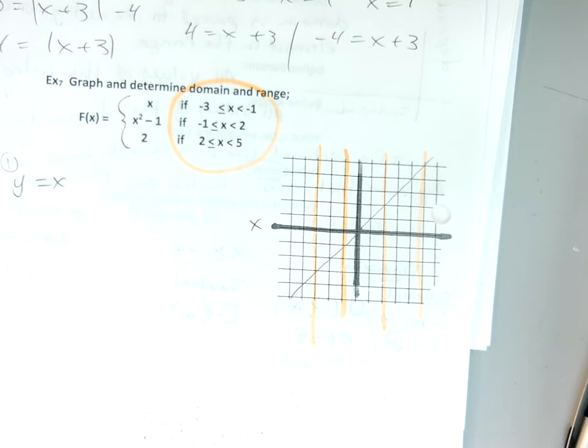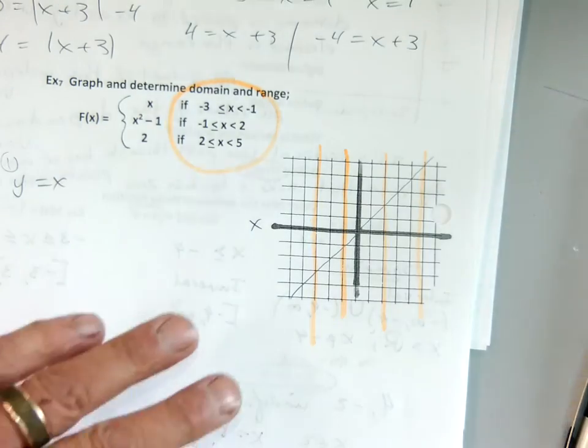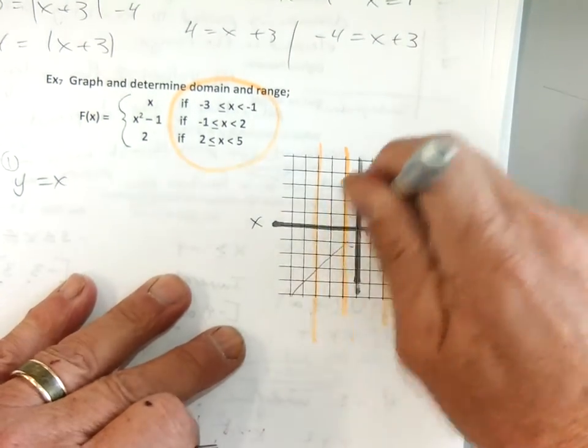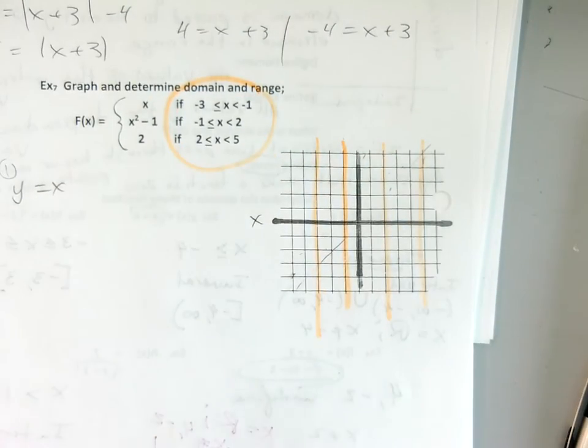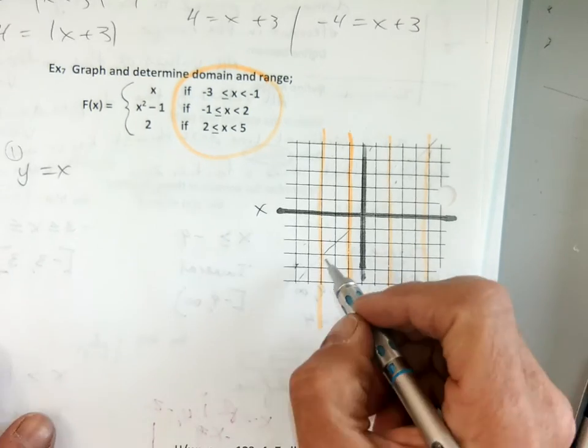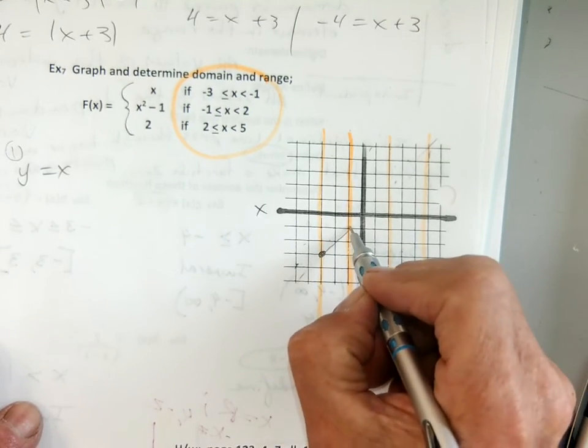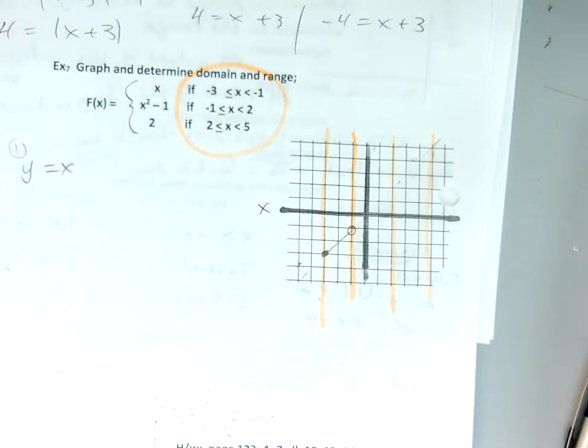Oh, Alex, we did this, but it's been a long time, huh? So I'm going to erase all the other parts of it because I only want the piece that's within there. Okay, now I'm going to do this. Solid dot, open circle, because it doesn't equal negative 1.